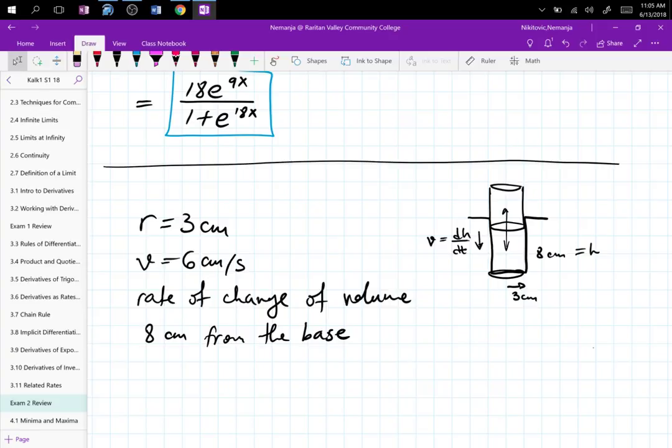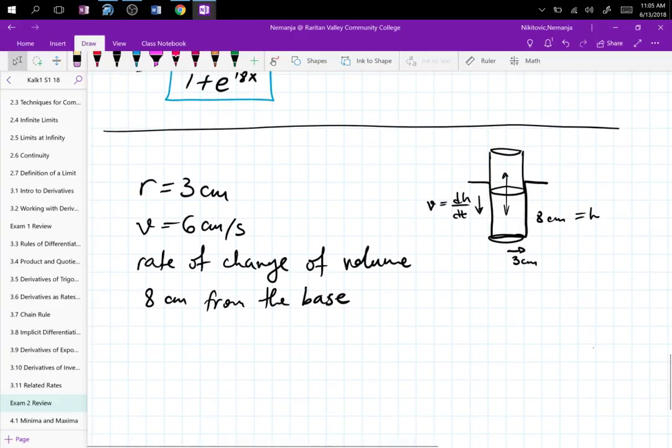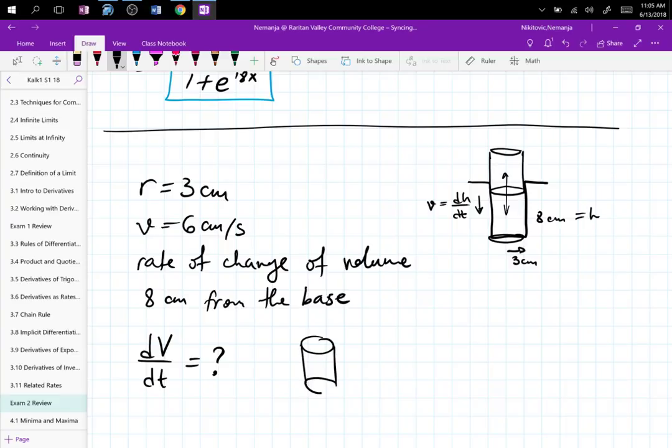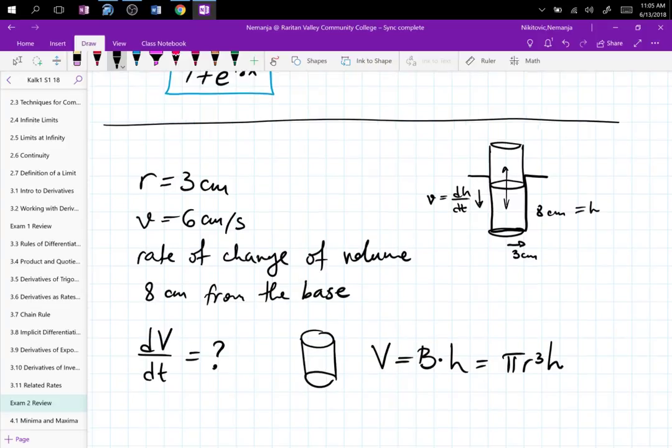So now we have an understanding of this, and we can finally do things. They want a rate of change of volume, so dV/dt is the question mark. For a cylinder, the volume is base times height, and the base is pi r squared times the height.